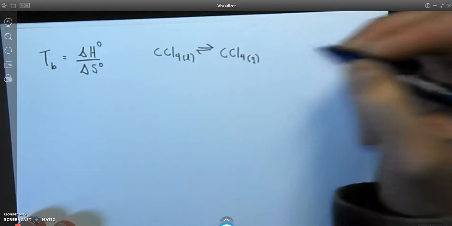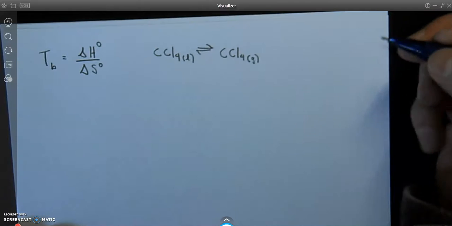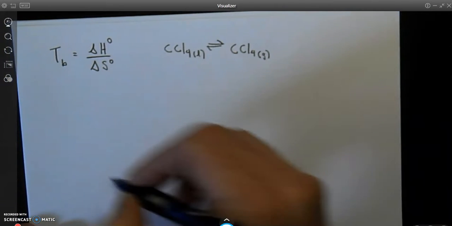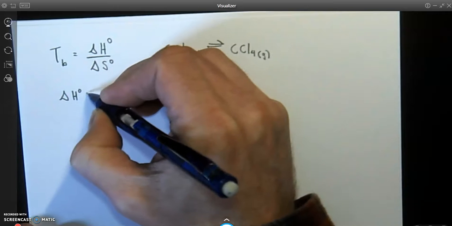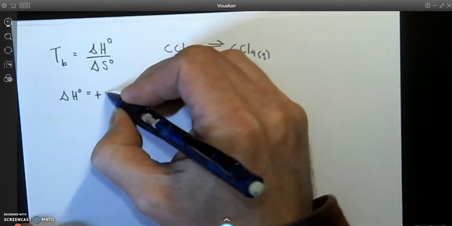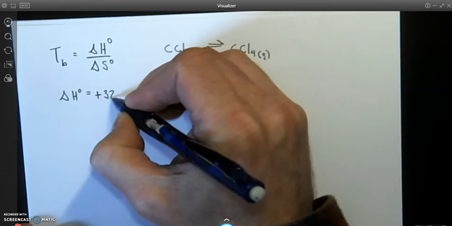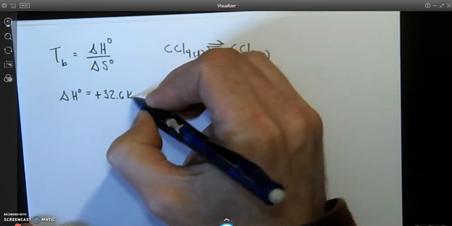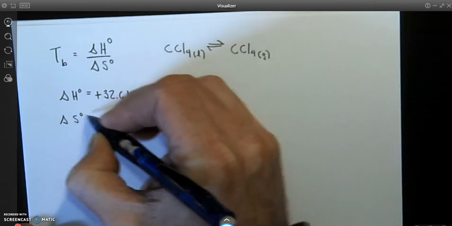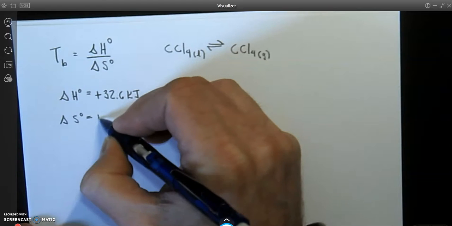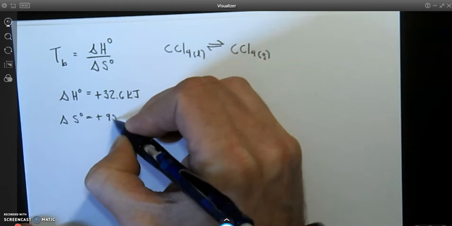We have some values that we can look up. The delta H for this carbon tetrachloride is 32.6 kilojoules. And the delta S value, standard, is positive 95 joules per Kelvin.